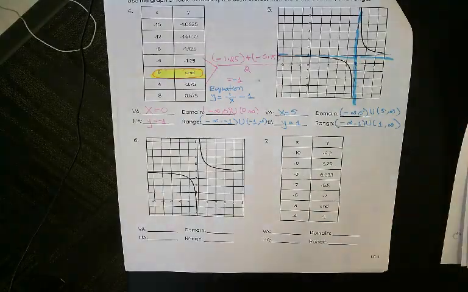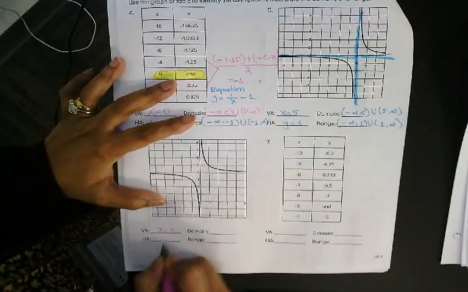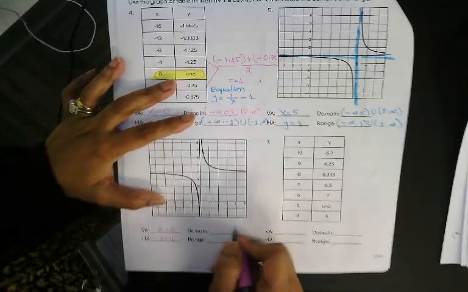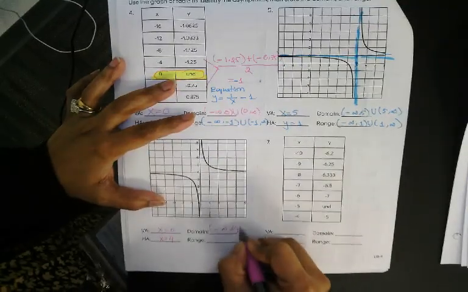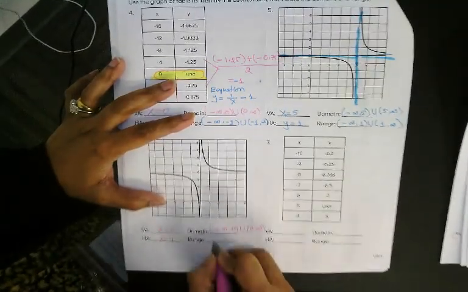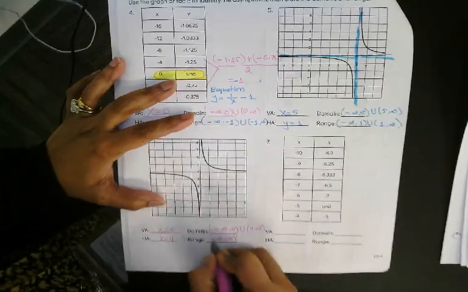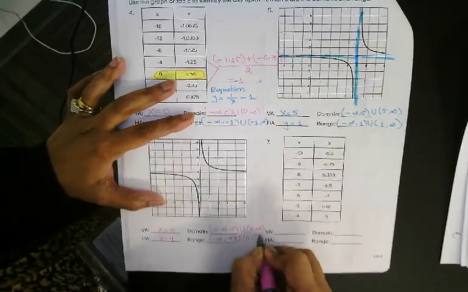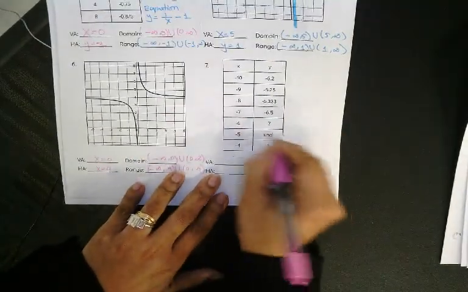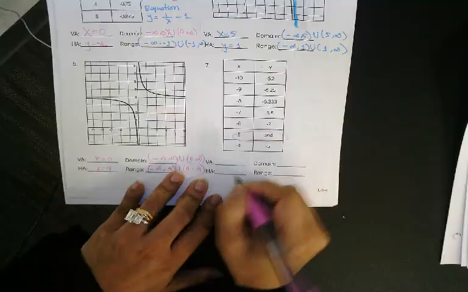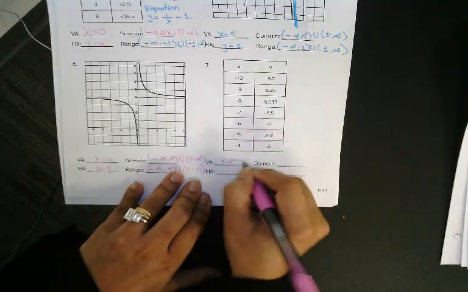All right, so for this one, the vertical is going to be x equal to 0, x equal to 4. That gives me the domain. Now for this one, this is undefined, so that's going to be x equal to negative 5.